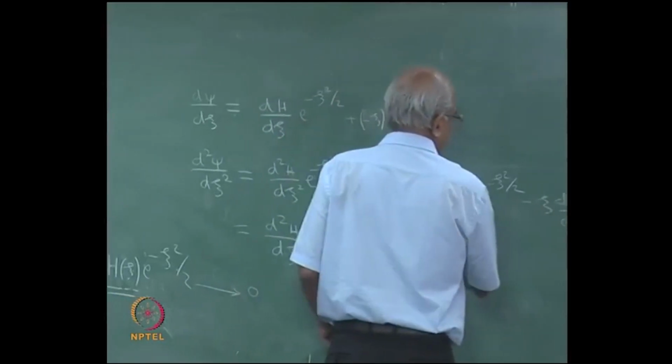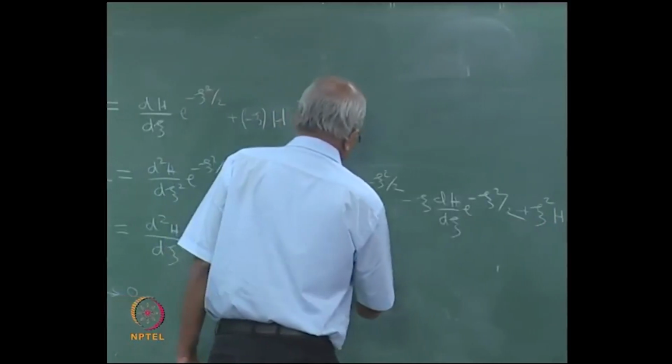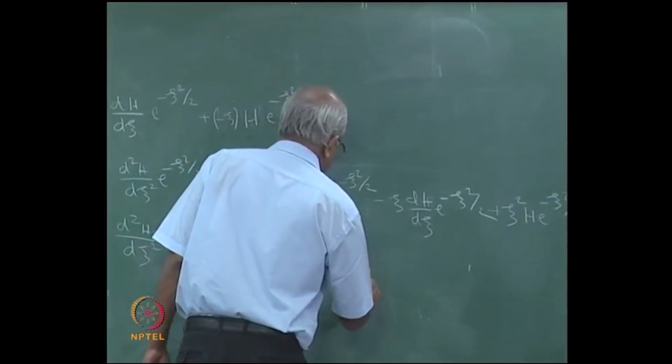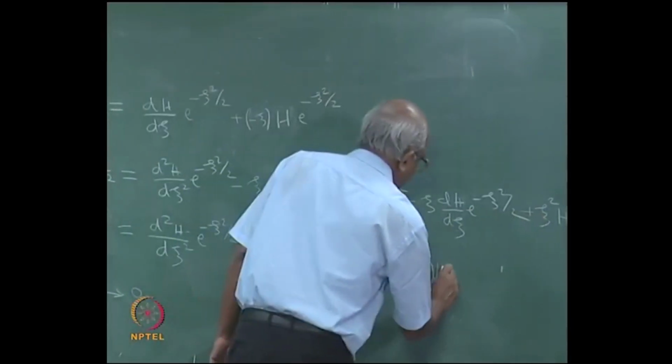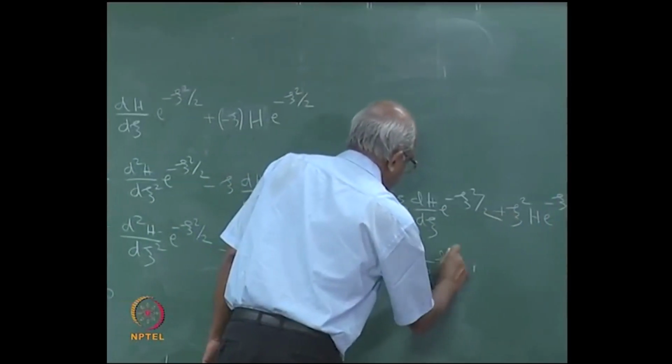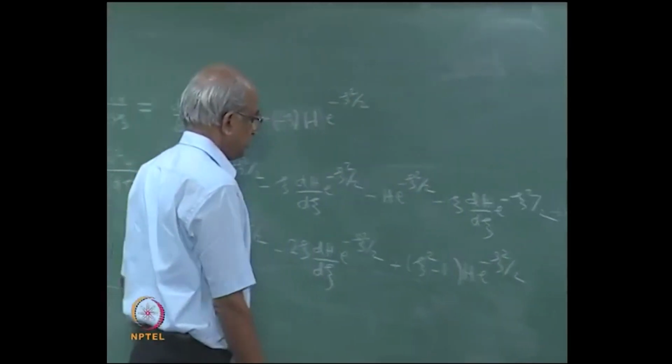These two terms I have added up, plus I will get c square minus 1, this term and that term I am combining, h e to the power of minus c square by 2. This is what happens.